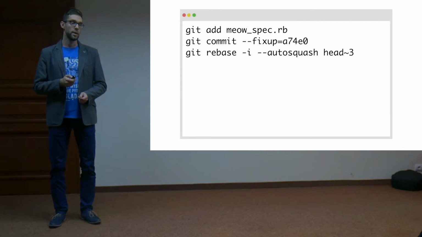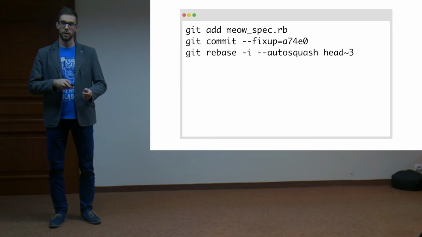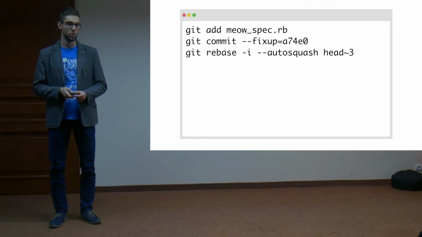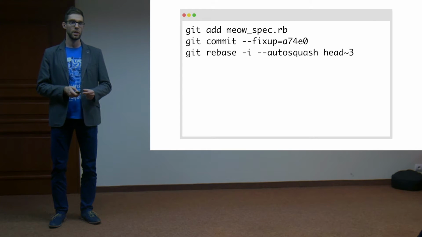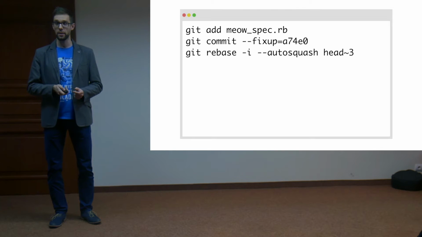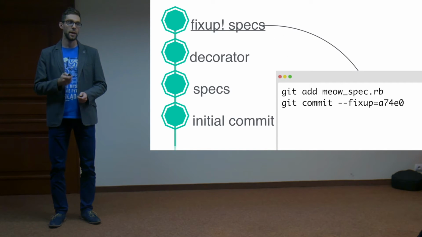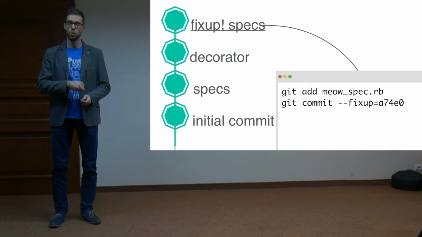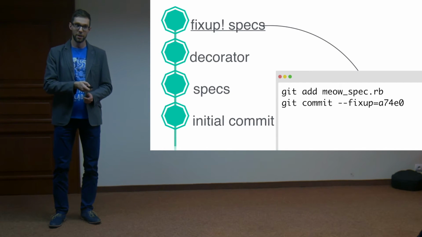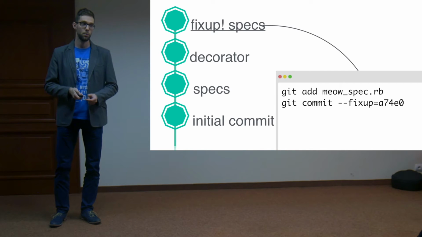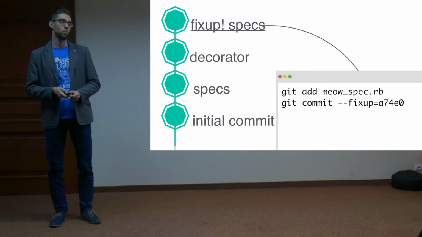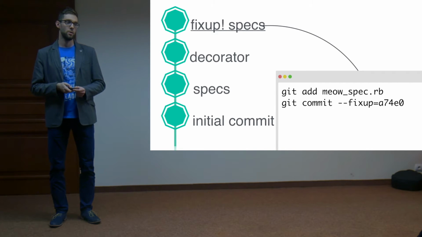So we can add changes as usual, and then use the Fixup option. What the Fixup option does is to prepend a fixup label to the commit message of the very same commit that we want to merge with the targeted commit.